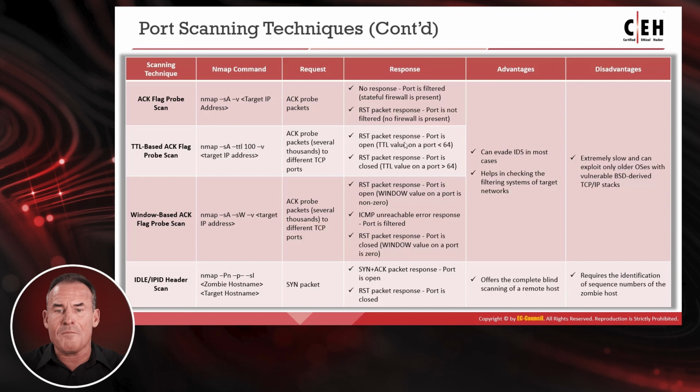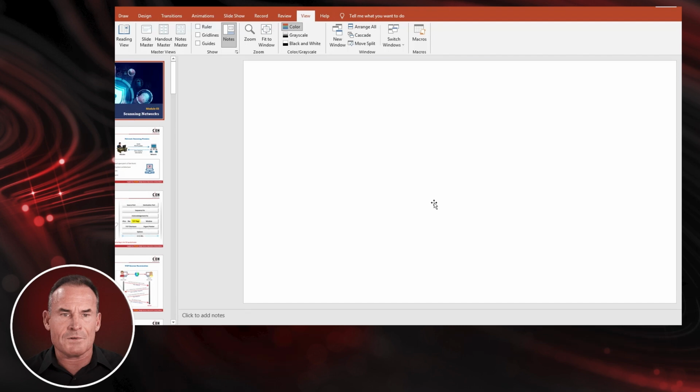There's also TTL based, where you see boundary condition issues or non-zero window sizes, which can also indicate a filtered port. And then the idle or IPID header scan is a series of probes to a zombie system looking for differences in the IP ID incrementation, which is kind of a weird one.